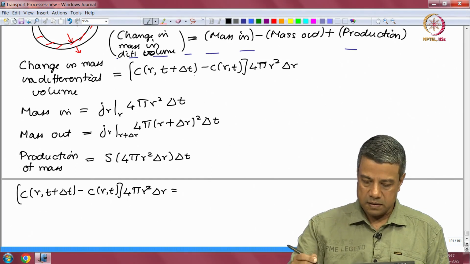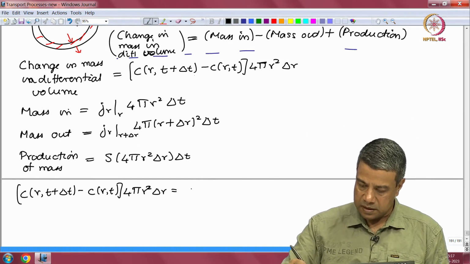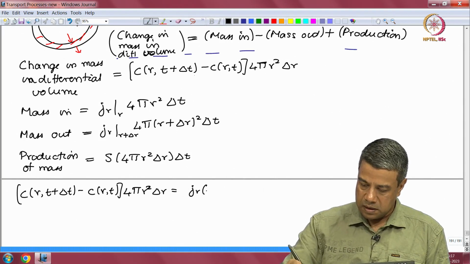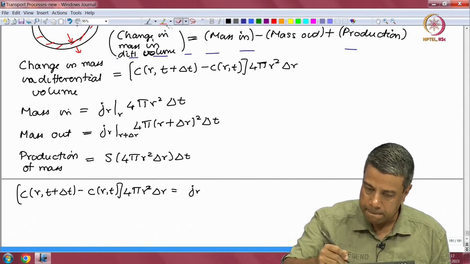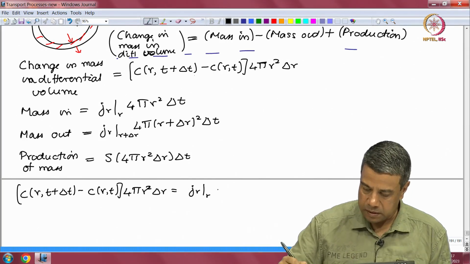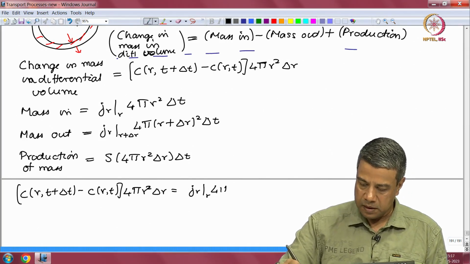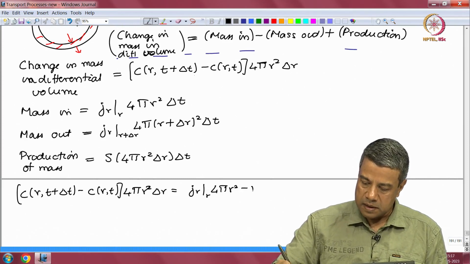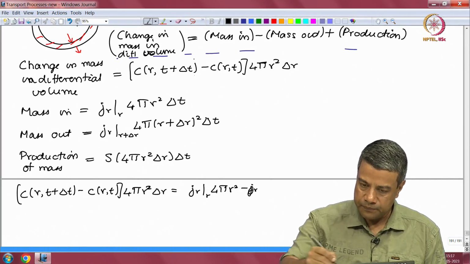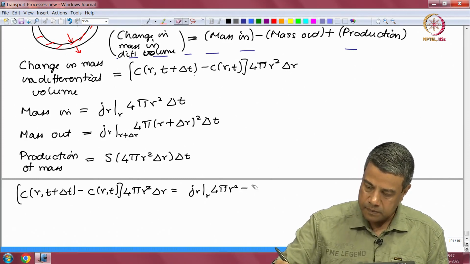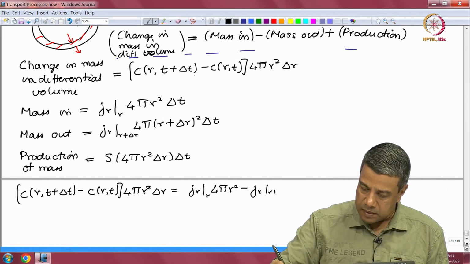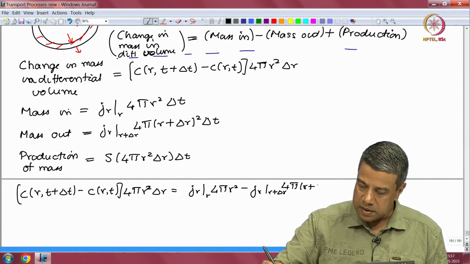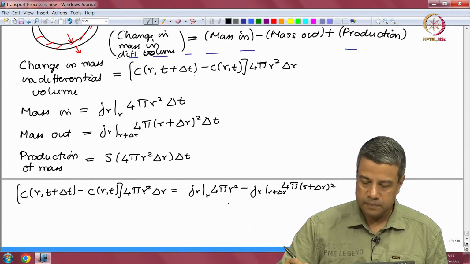The flux in is J r at r into 4 pi r square, minus J r at r plus delta r into 4 pi into r plus delta r the whole square.